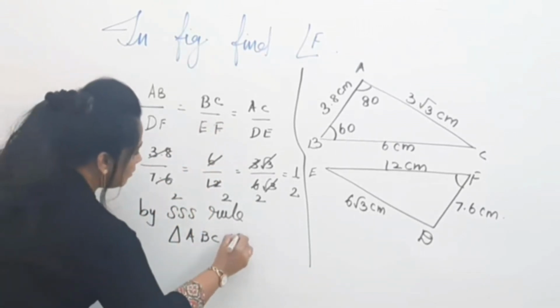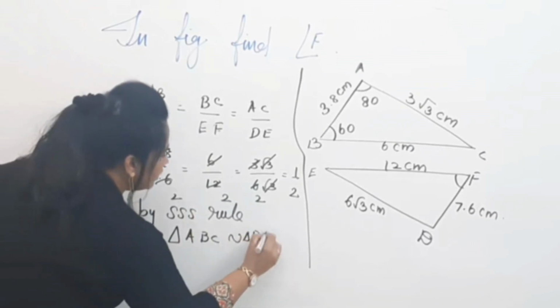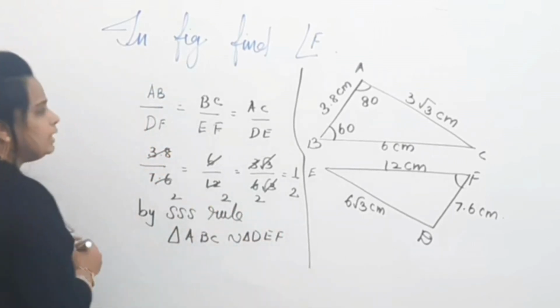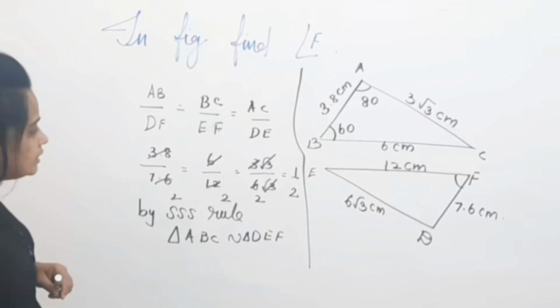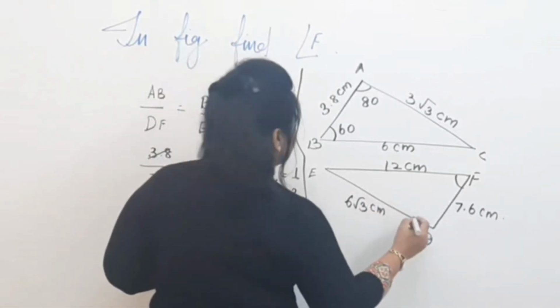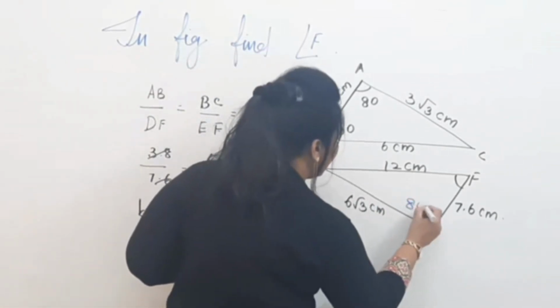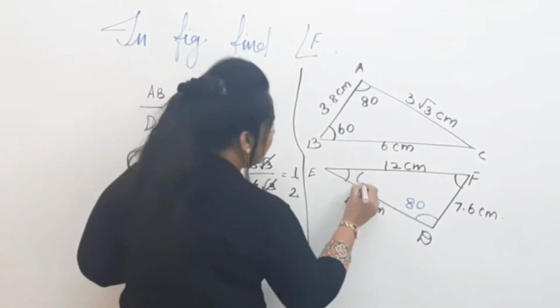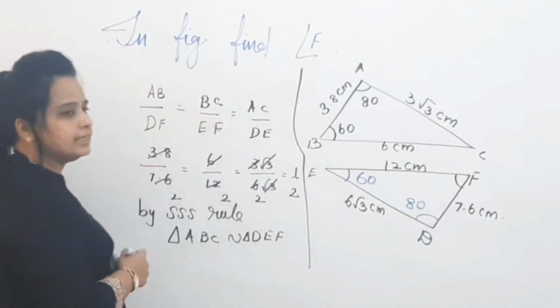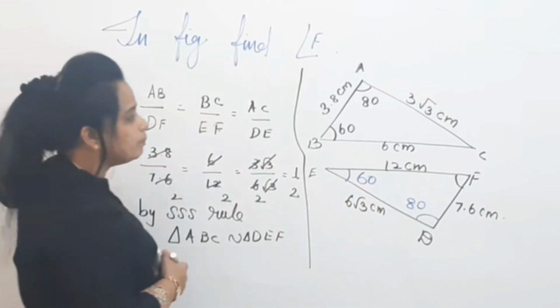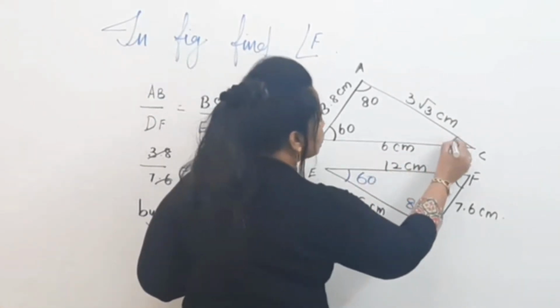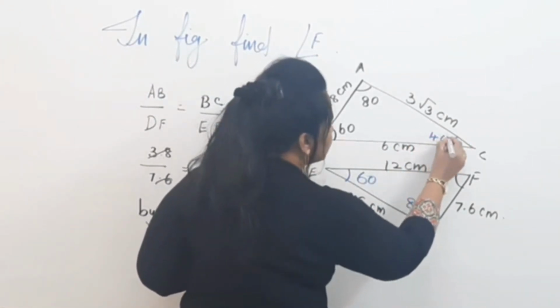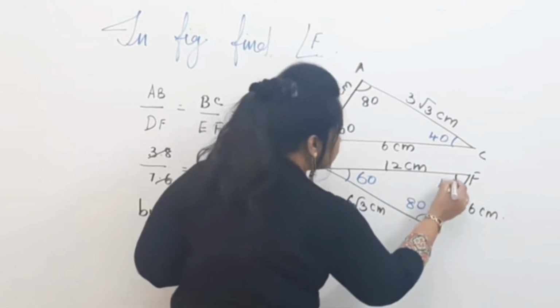So triangle ABC is similar to triangle DEF. Means what? Angle A is equal to angle D, which is equal to 80. And angle B is equal to angle E, that is 60. Now you know by the angle sum property, this is going to be your 40 degree. So this is also 40 degree.